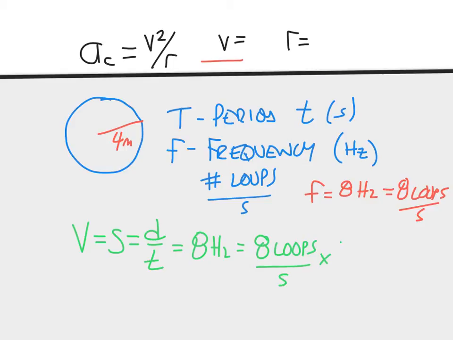And what we need to do is we need to multiply 2 pi r times 1 loop, because that's the circumference. 2 pi r is the circumference over 1 loop, where r is 4 meters, which is about 201 meters per second.